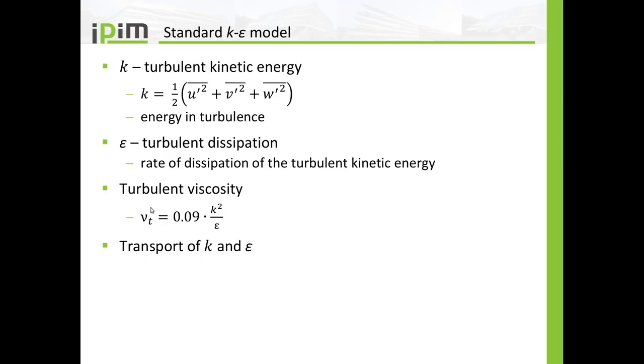And you calculate this turbulent viscosity with a constant value 0.09, then you multiply it with K squared divided by epsilon. And important is that you have an additional equation, a transport equation for K, and one transport equation for epsilon.